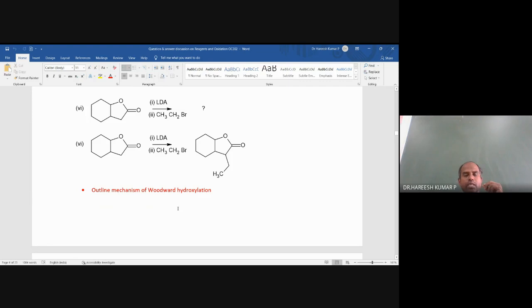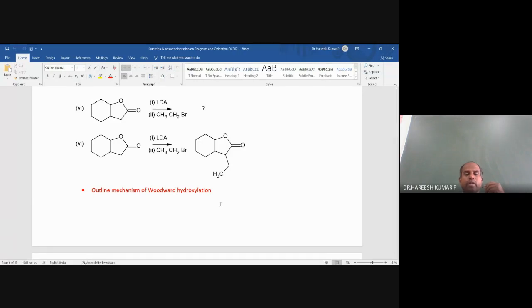The question is on the Woodward hydroxylation. Woodward hydroxylation means reaction of a double bond or olefin with moist silver acetate or silver benzoate in the presence of iodine. So what is the product that is forming here?